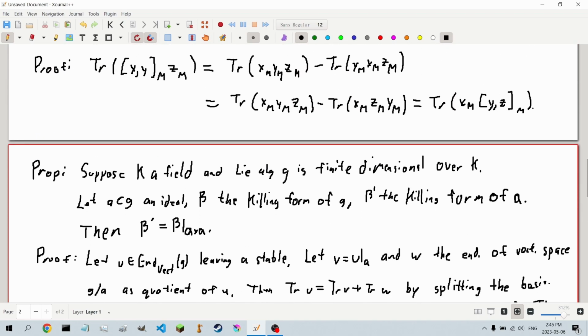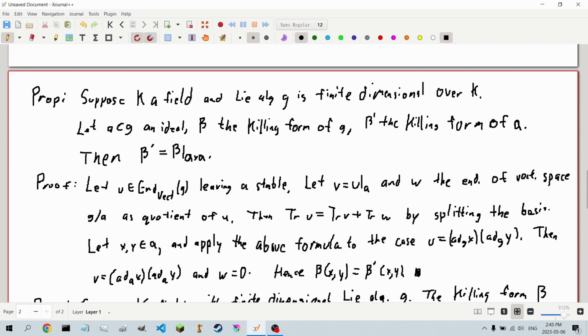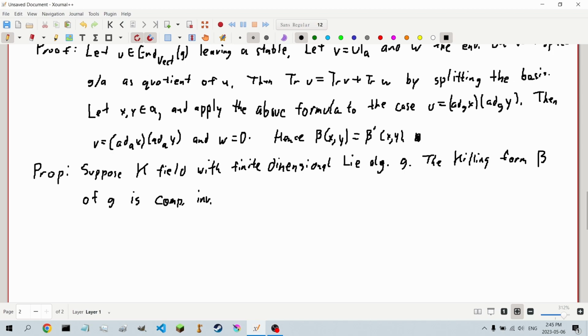If you remember from before, it means any derivation splits across its arguments. So beta of dx comma y plus beta of x comma dy is just going to be 0.